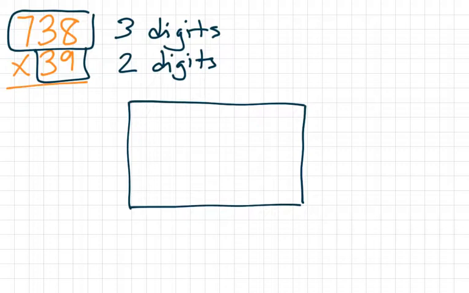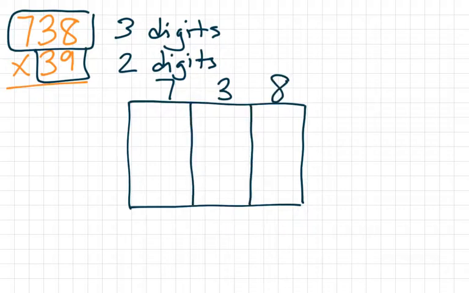And because this top number had 3, we break the box into 3 parts for that number. And then because the second number, 39, has 2 digits, I break that into 2 and write down the number 39 on the right-hand side. So the first number, the top number, goes in the top, 3 digits. The bottom number has 2 digits and goes on the right-hand side.